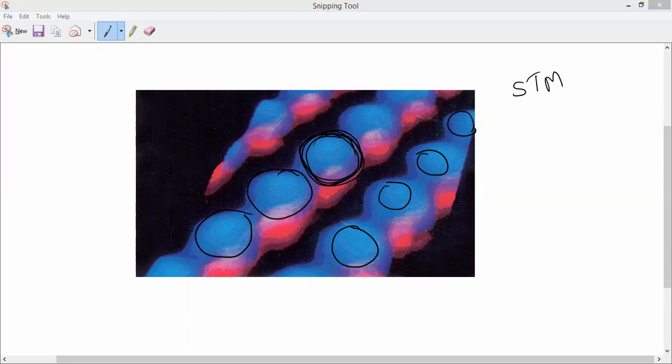But now my question is, are these colors permanent or temporary? Permanent, sir? Temporary. These are not their actual colors. The actual colors are different. When we see them with the scanning tunneling microscope, you have to remember these are not their actual colors.